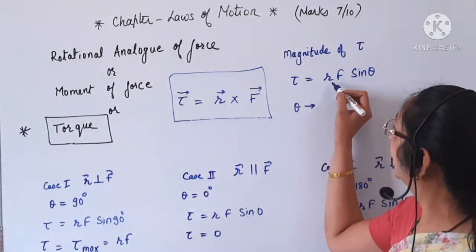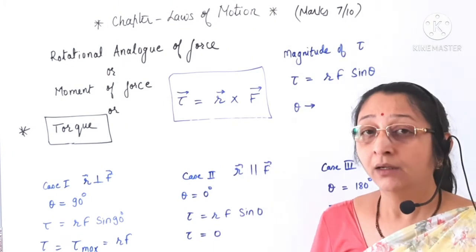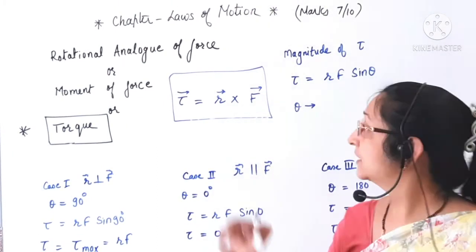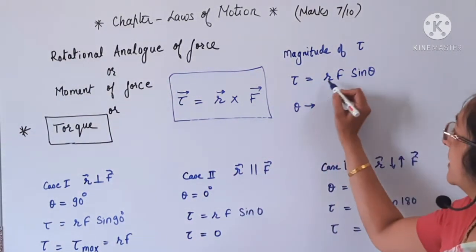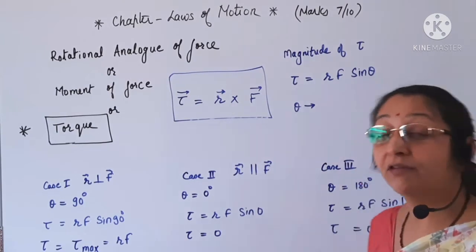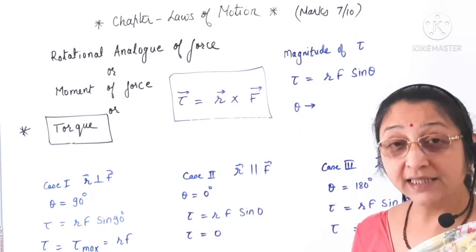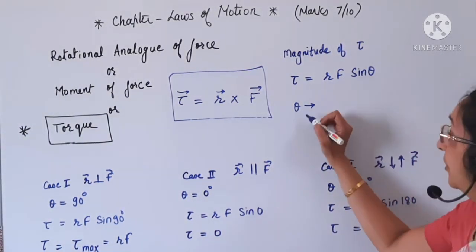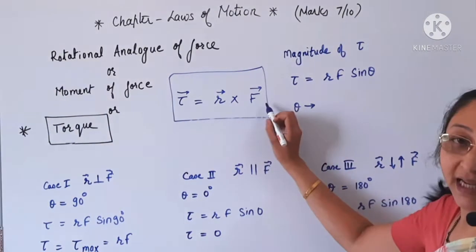So, tau is equal to R into F into sine theta. This is the vector product. According to the vector product, tau is equal to R into F into sine theta, which we have discussed in the chapter on mathematical methods and scalars and vectors. Now here, theta is the smaller angle between R and F.